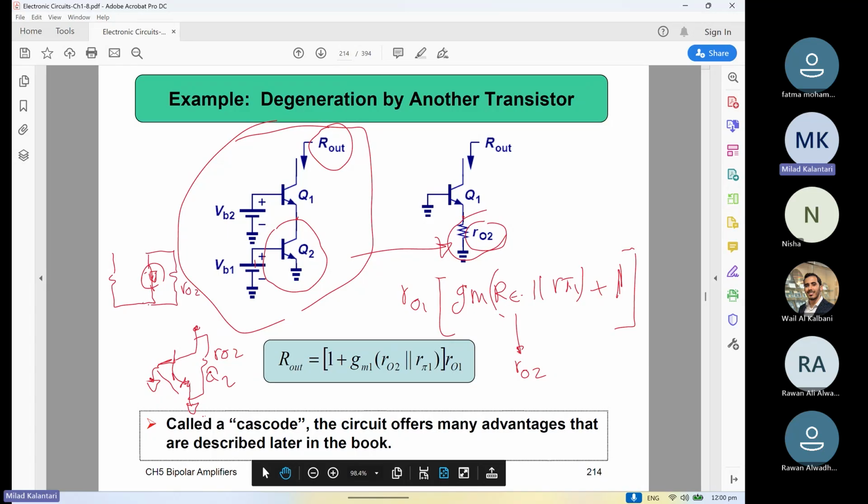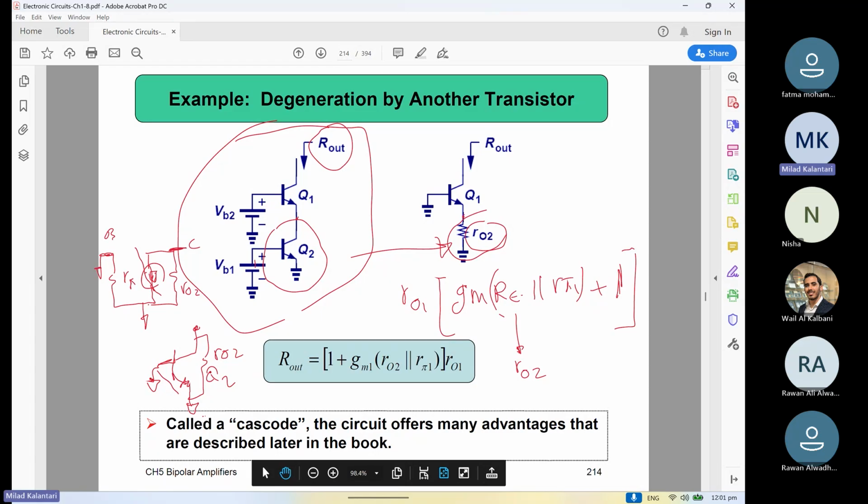This is the small signal. This is the base. This is the collector. The base is short. This R pi is gone. There is no V pi, so this dependent source also is not here. What remains is just RO2. You just put it here.